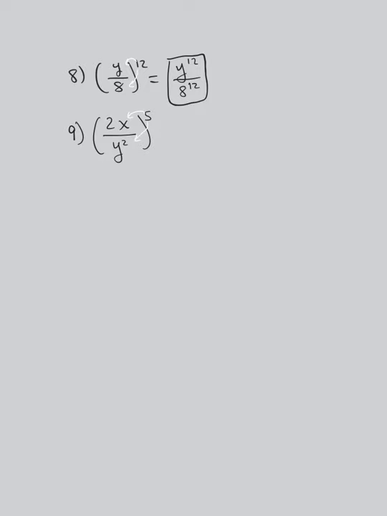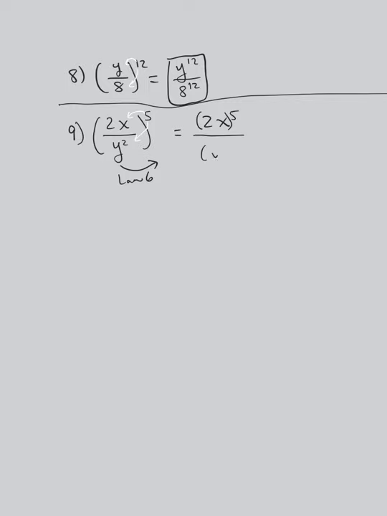But the key thing is you're distributing it onto the entire part. So going from here to here, we're going to use law 6. The key thing is, if I write this 2x to the 5th, I'm just raising x to the 5th power there.